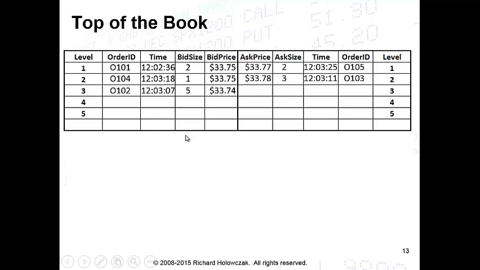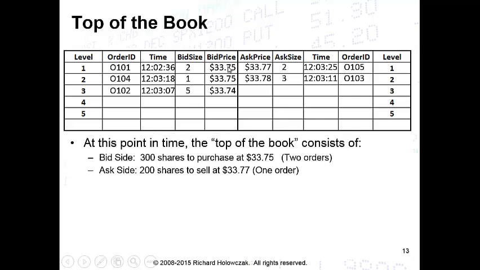Another thing to look at is when we look at an order book, we're going to look at what we call the top of the book. And that's this very first level here, the top level. And what we sometimes want to explore is the first order that's at the top. What we'll look at here on the bid side is there's 300 shares that are ready to be purchased at $33.75.